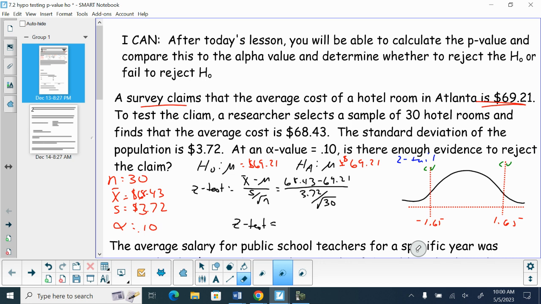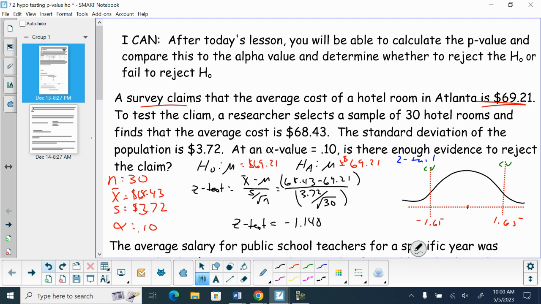Test value, Adam, what do you get for test value? Negative 1.148. Good with that? All right, so we take a look at where we're at.